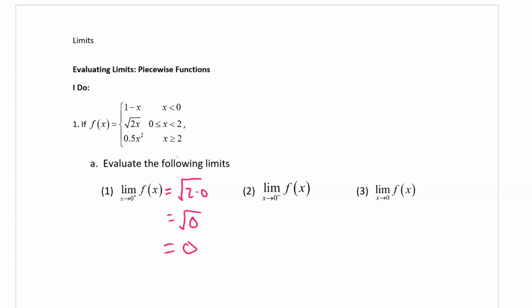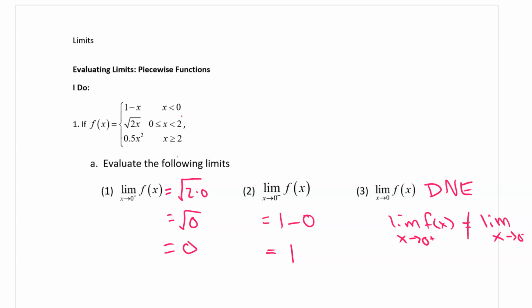Limit from the left, we're looking at the top one, because remember x less than 0 points left, so left-hand limit: 1 minus 0, or 1. Overall, the limit does not exist. And remember, we need to give the reason for that, and that's because the limit as x approaches 0 from the right is not equal to the limit from the left.